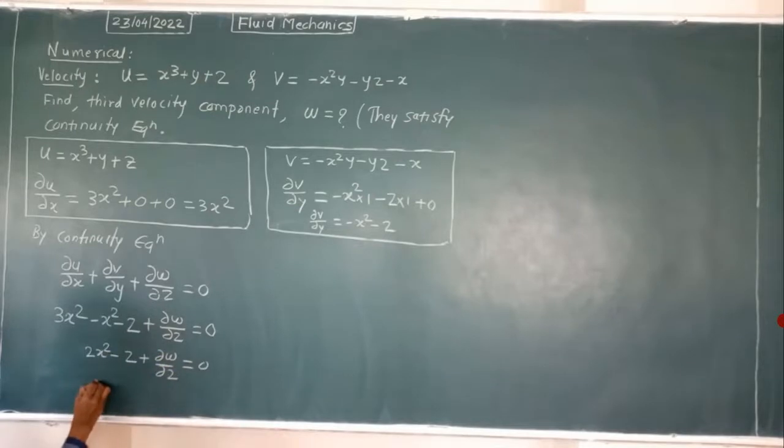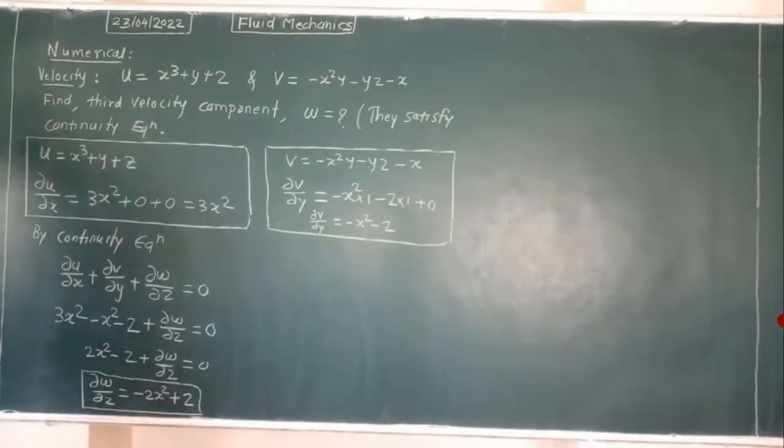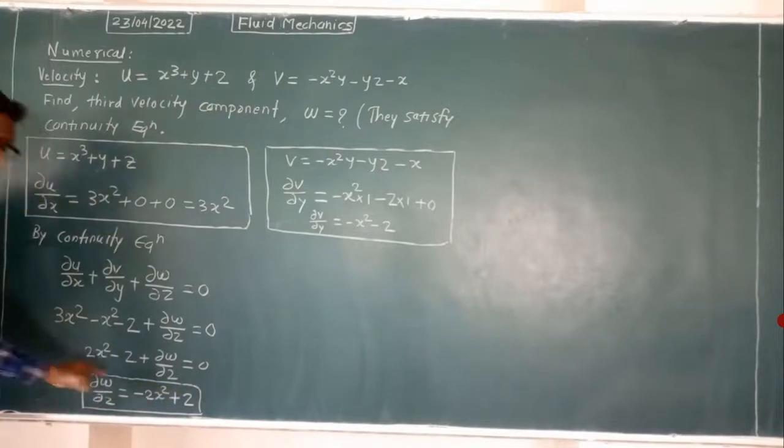Finally we can write dou w by dou z will be equal to minus 2x square plus z. So this is the third velocity differential component we got.